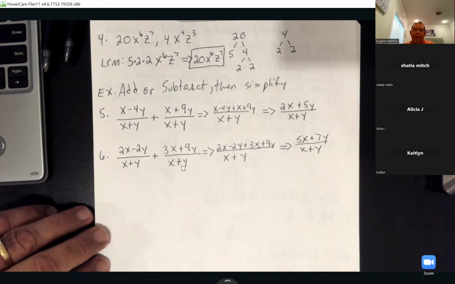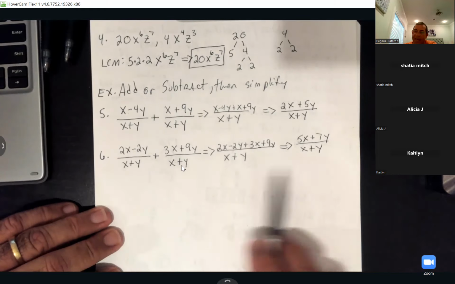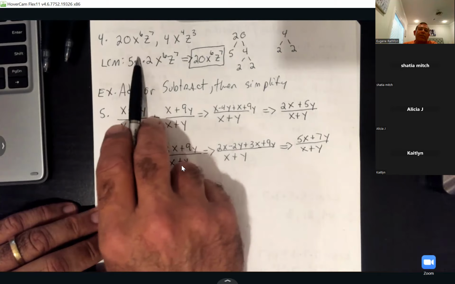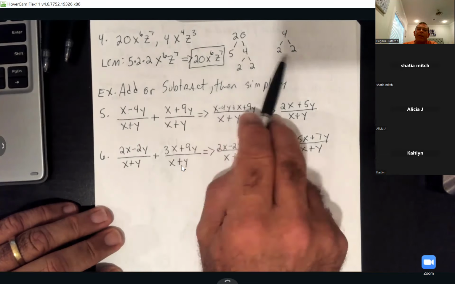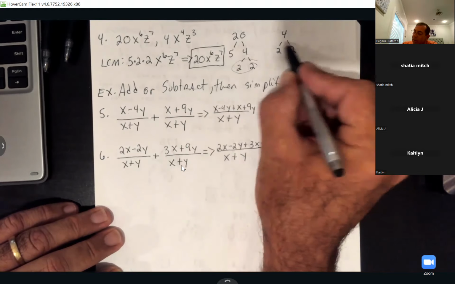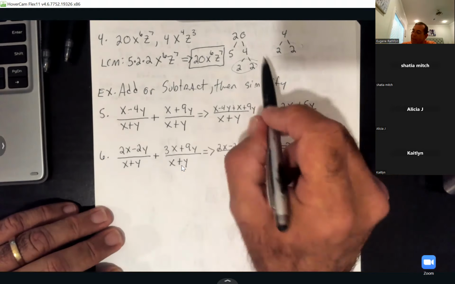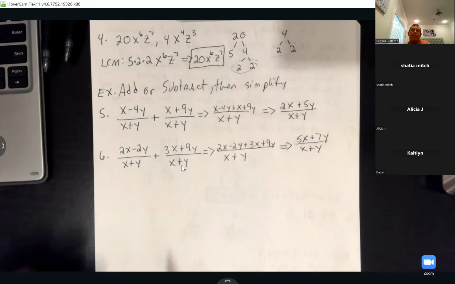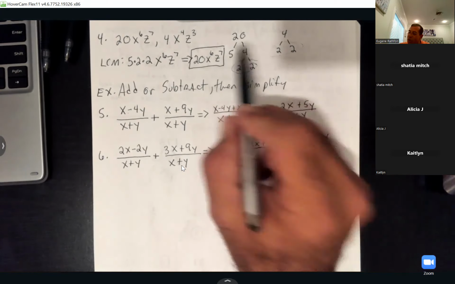All right, so that's all we're going to do to you on adding and subtracting. You'll have a few more than I did on the LCM. But remember, break the numbers down, and when you have common numbers, go with the most that happens in either denominator. This only happened twice, so I picked 2 of them. And then the 5 happened once.